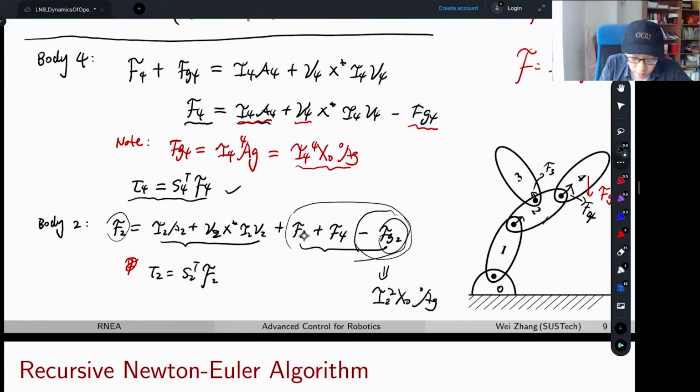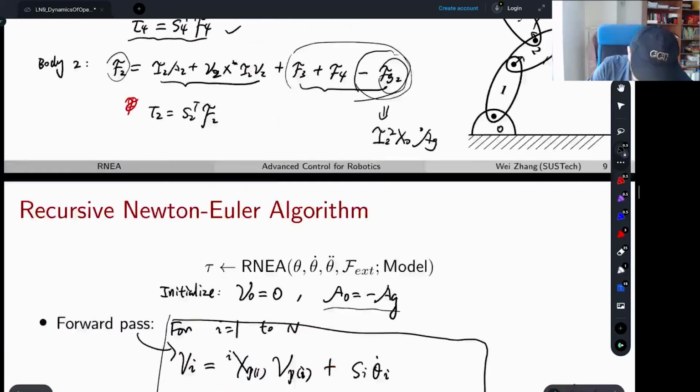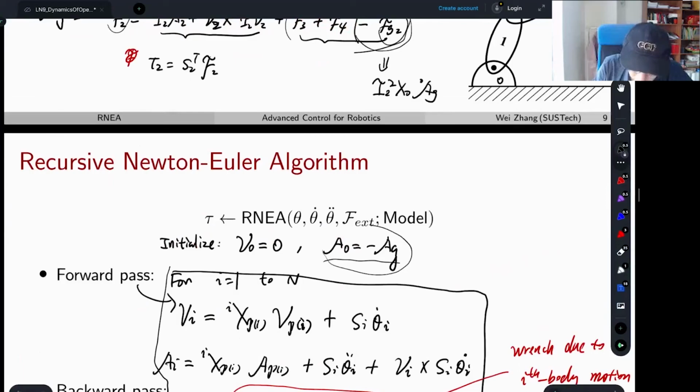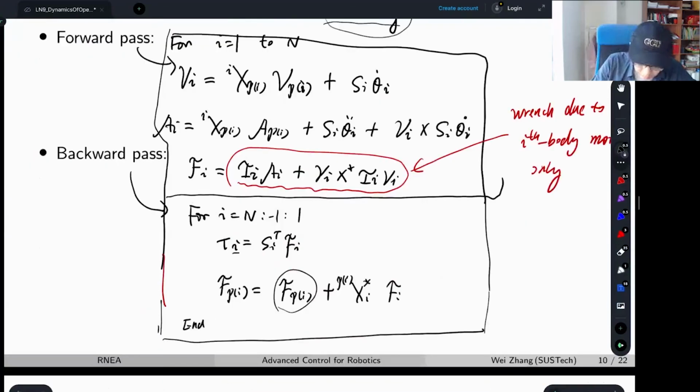When you compute F3, you already modify that by adding F3, and you also change coordinates to that frame. And when you modify F4, you also modify this term because 2 is a parent of 4. So these two terms are already considered, and this gravity term has been uniformly addressed through this part.